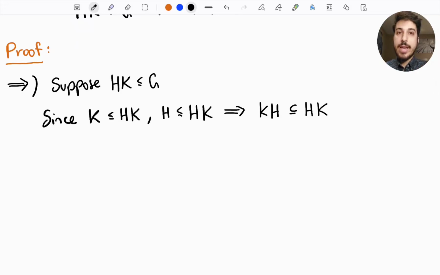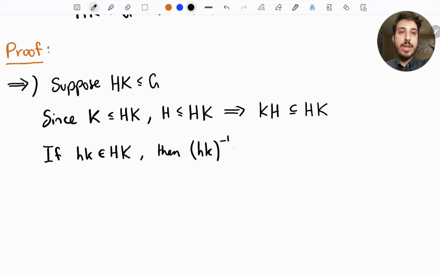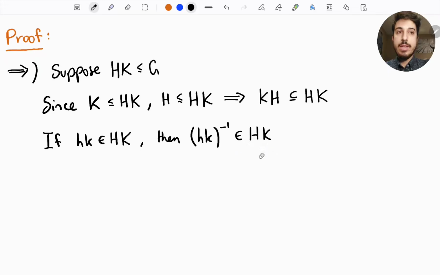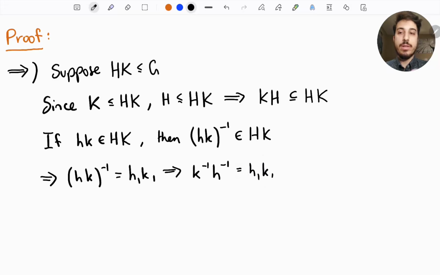Now, since HK is a subgroup in G, if we take an element hk in HK, then the inverse of that element also lies in HK. If it is inside HK, then this element is equal to h1 k1 for some h1 in H and k1 in K. If we work on the left-hand side, we find that k inverse h inverse is equal to h1 k1.